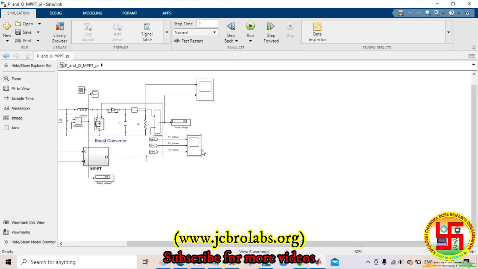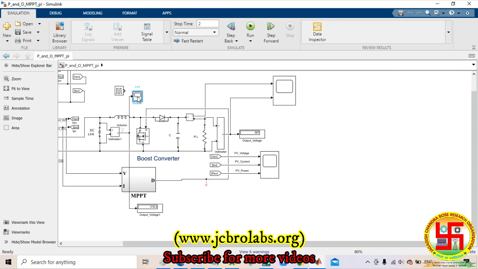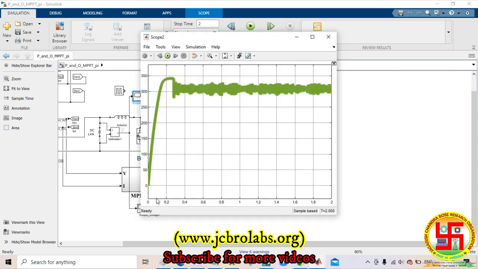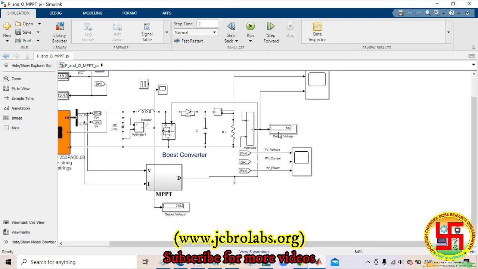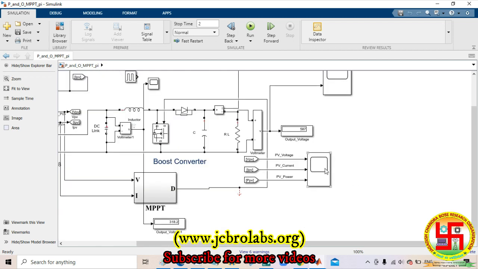Now you can see here the initial input variable DC only we are getting. This variable DC we are trying to minimize, and we are getting around 587 volts.